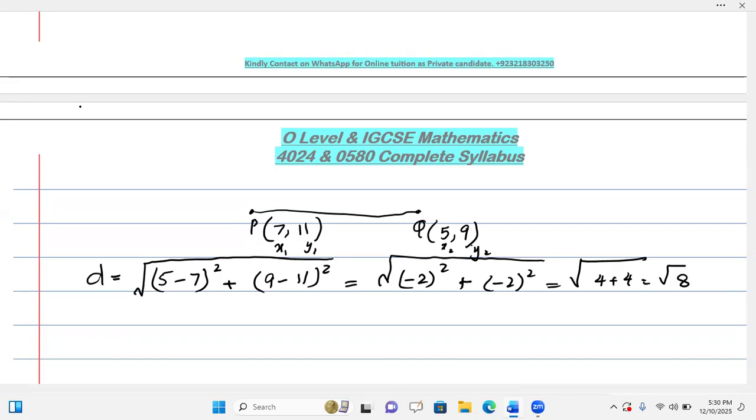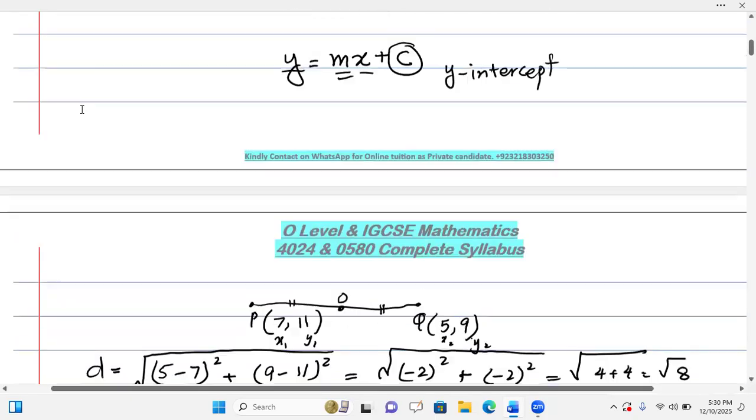After that, calculate the coordinates of the midpoint O of the line P and Q. Midpoint means it is equidistant from both P and Q. Let's go with the midpoint formula which I have written above.